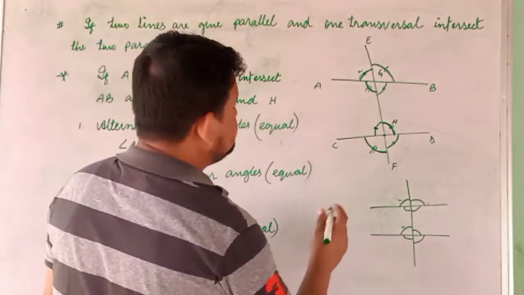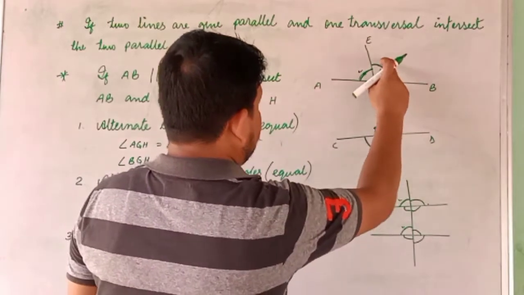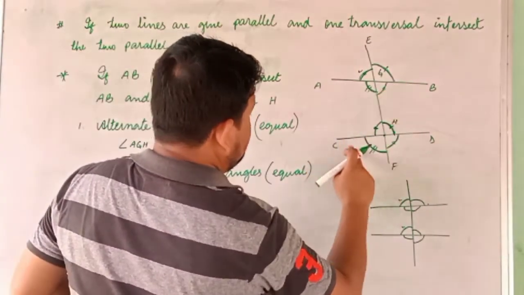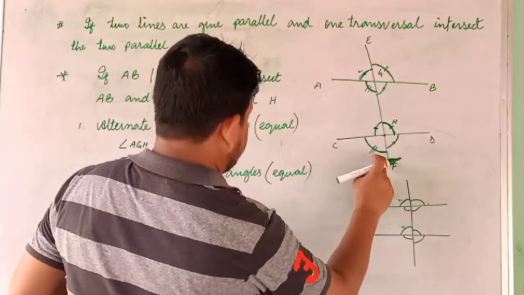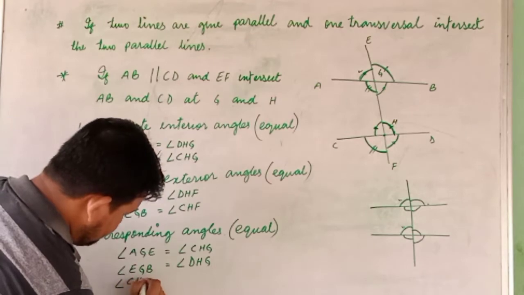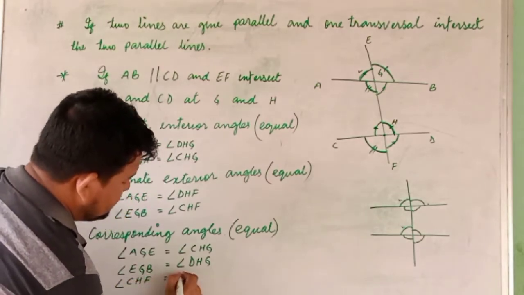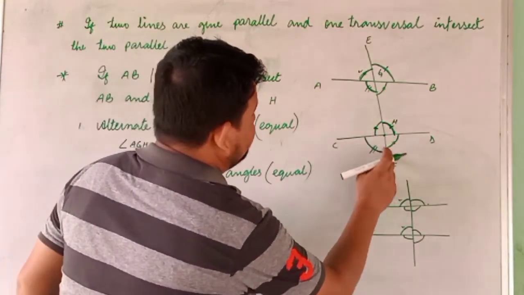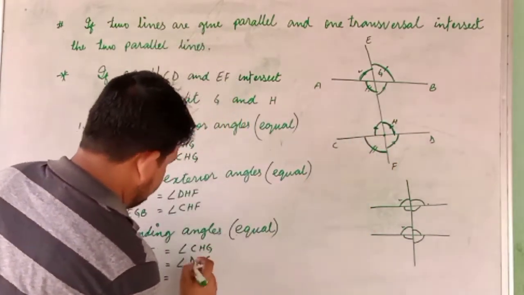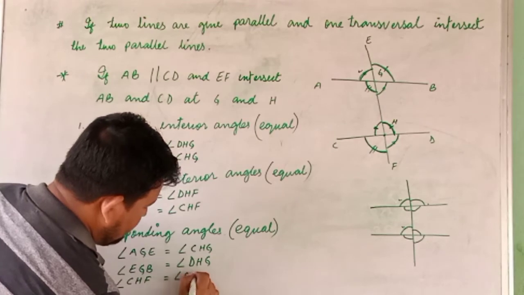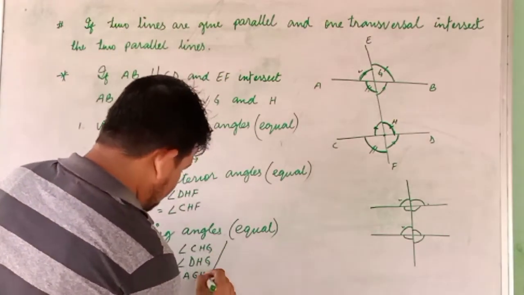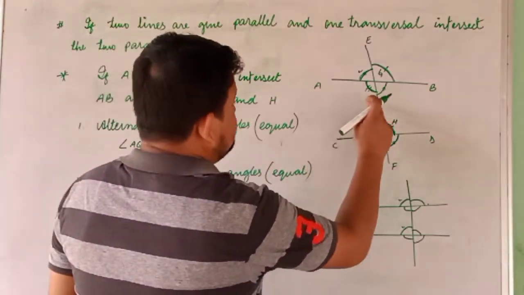What we can say now? Angle CHF, this angle, is equal to this angle, angle AGH. So also let me write this now.